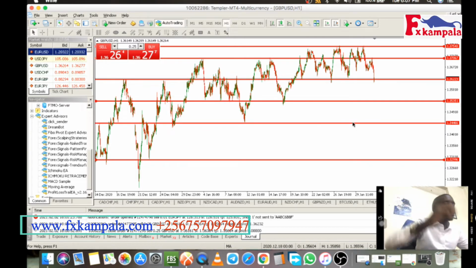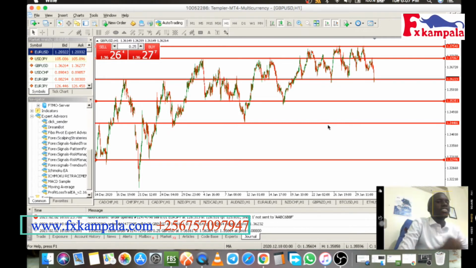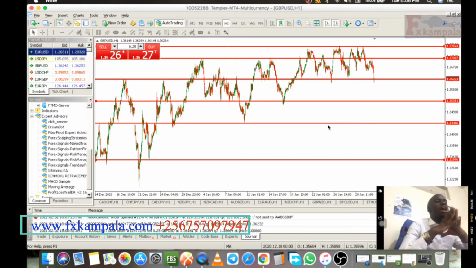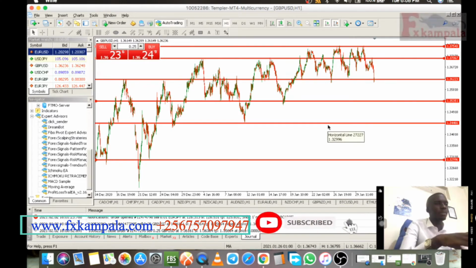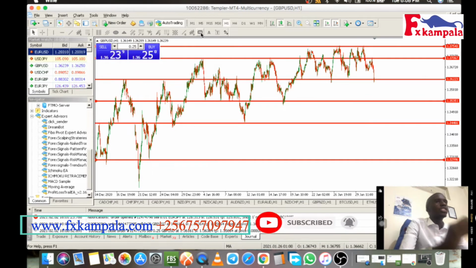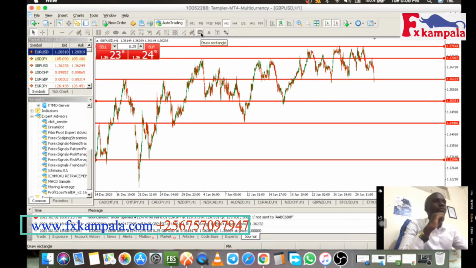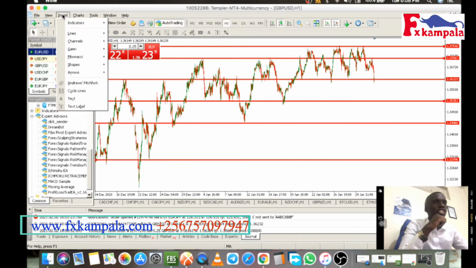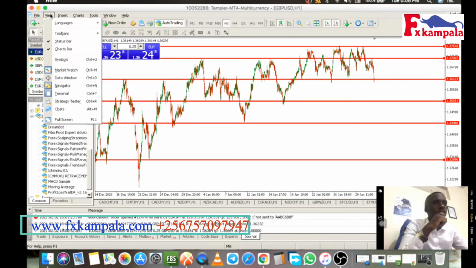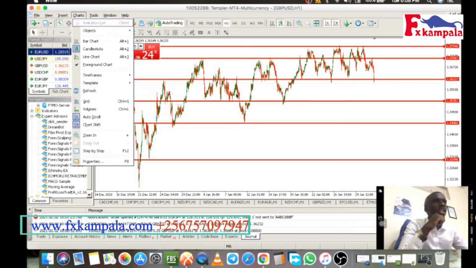Now after identifying our support and resistance, it's from this very point where we can get our supply and demand zones. With supply and demand zones, you can draw more of these by using the rectangular shape.